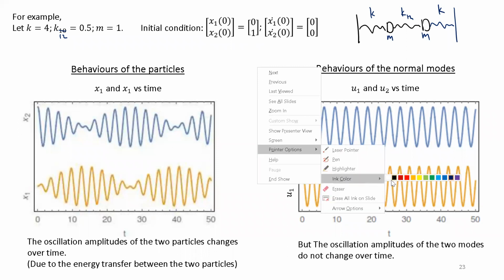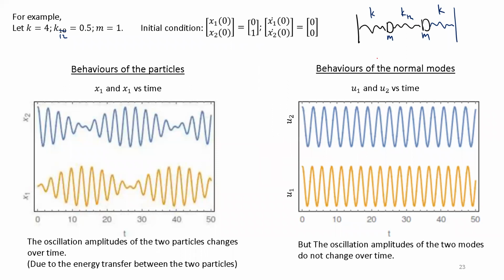The initial condition is that I'm going to displace this mass to the right by some amount. This is the equilibrium position.